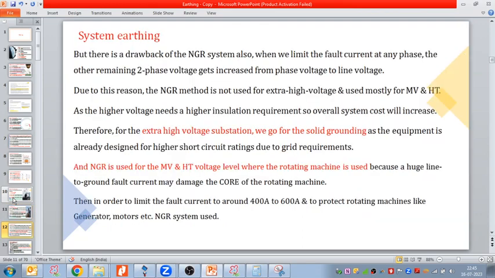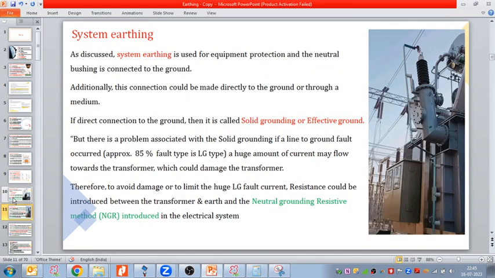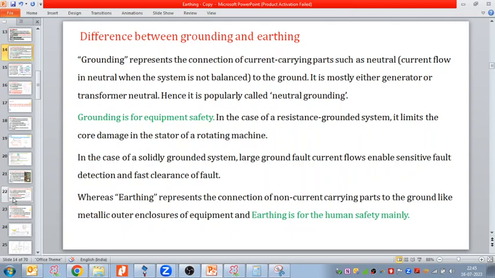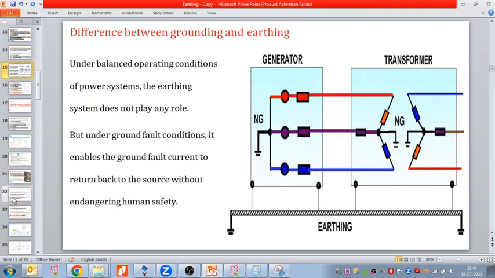In the system earthing, we have discussed different ways of earthing. We are going with the solid, we are going with the resistance earthing, and we discussed the comparison between both earthings, and the difference between earthing and grounding.